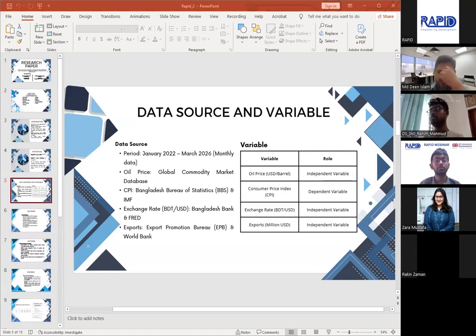Since you are dealing with time series data, I'm not sure why you have chosen January 2022 to March 2026. So this is a very natural question. If you present your research in any seminar or conference, or if you submit your paper to a journal, the reviewer will definitely ask the question, why this time period?